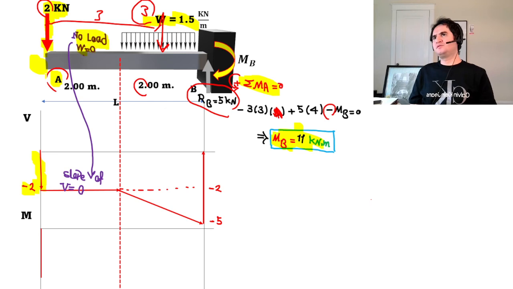If you want to draw the shear diagram, it just steps down at A, and because there is no loading from A to, if you call it C here, it means there is no slope for V, so that's a constant line.